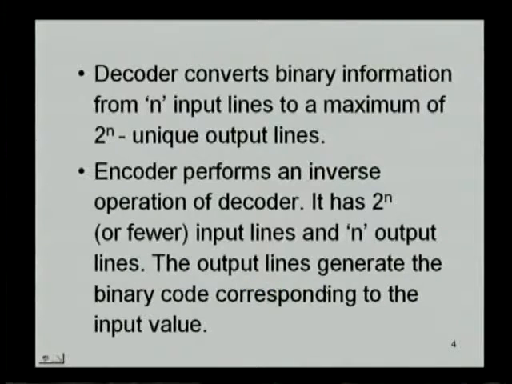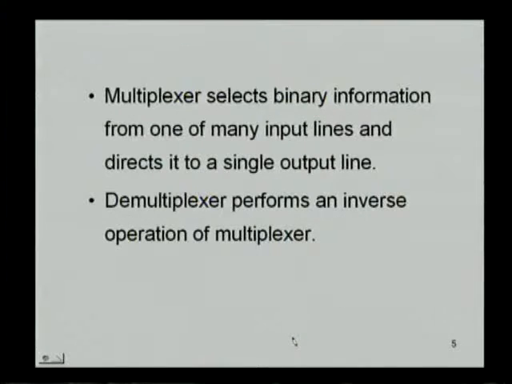The output lines generate the binary code corresponding to the input value. Next, a multiplexer selects binary information from one of many input lines and directs it to a single output line. A demultiplexer performs an inverse operation of a multiplexer.